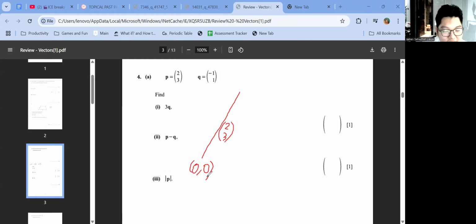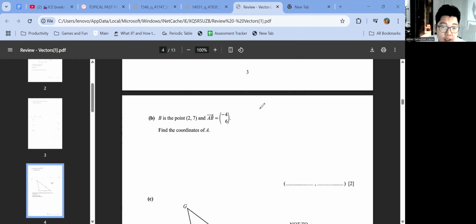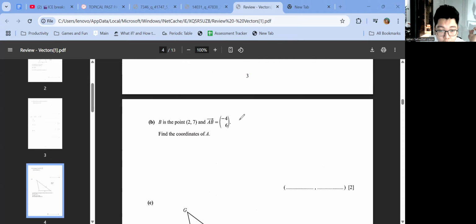If we think of it as points on a coordinate plane, and this is (0, 0), then you translate that point by the vector (2, 3), and you get (2, 3). The magnitude is just finding this line, which is the root of 2 squared plus 3 squared. And that is how you would find the magnitude of a column vector.